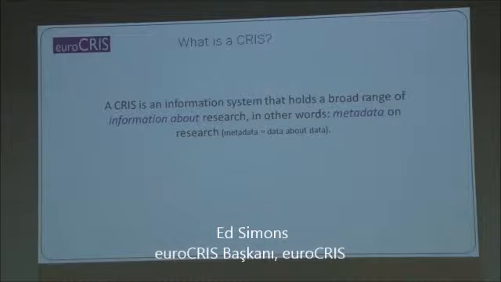So what is a CRIS? To put it in one sentence, a CRIS is an information system that holds a broad range of information about research. In other words, a CRIS holds metadata on research, because metadata can be defined as data about data. So CRISes store data about research.